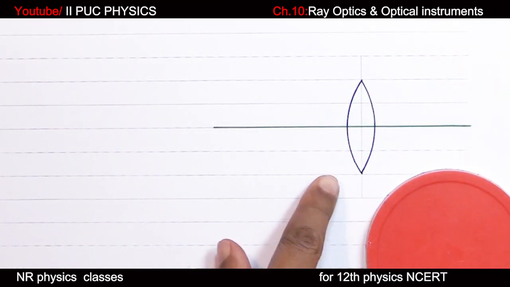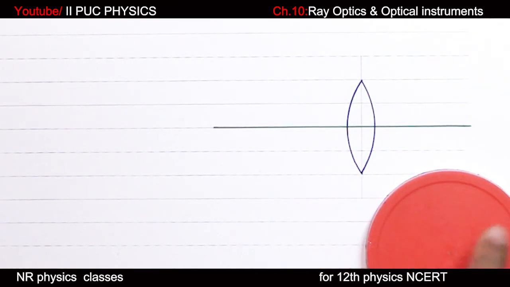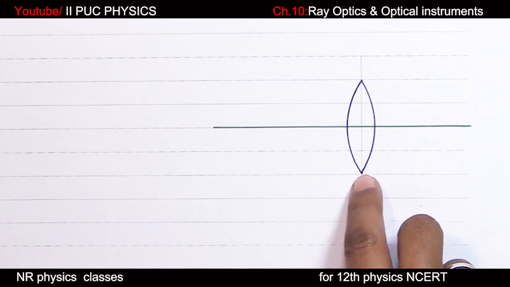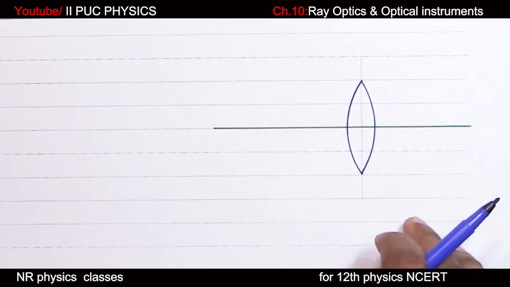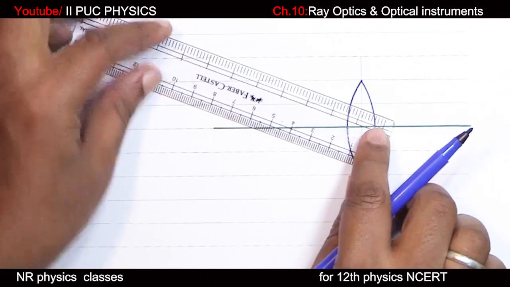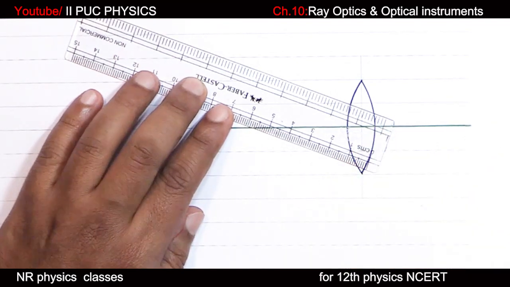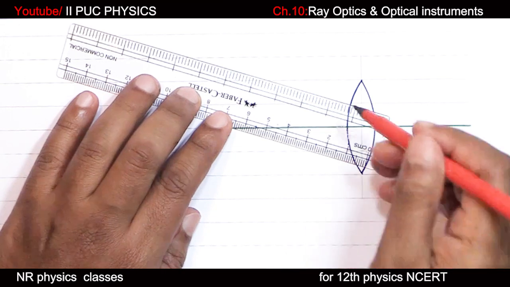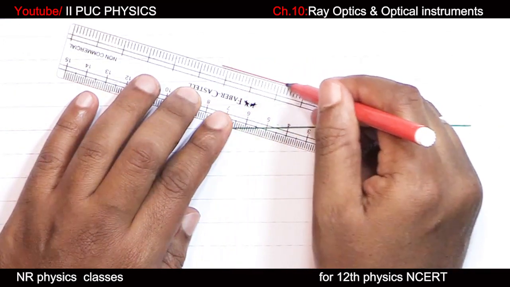Students, you can draw lenses using bangles or any objects like this, okay? This is a convex lens. This is an incident ray on the lens.